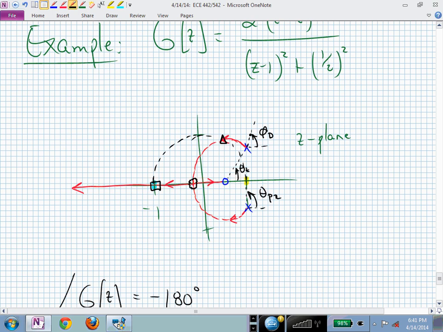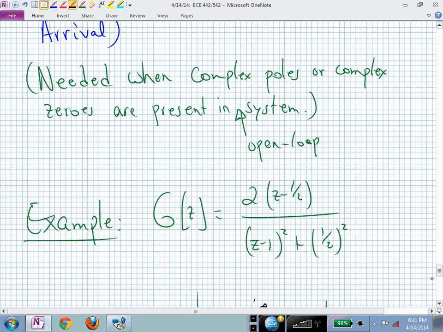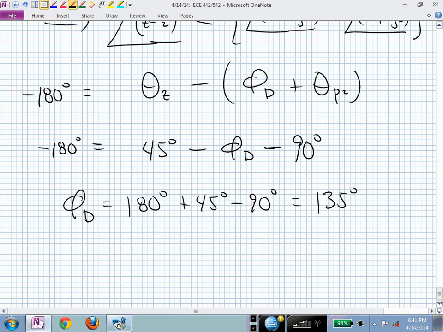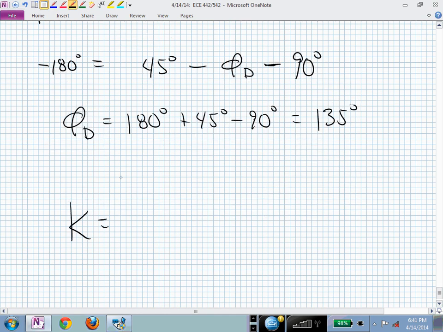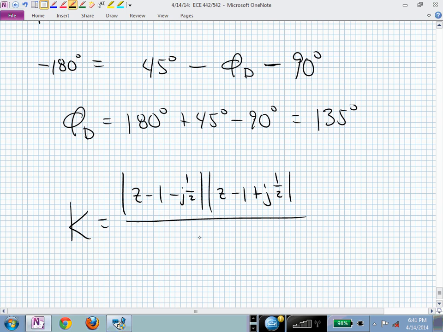To get the magnitude of the gain, this was our system. We now would say our gain K is going to be the length from that pole to z minus 1/2.